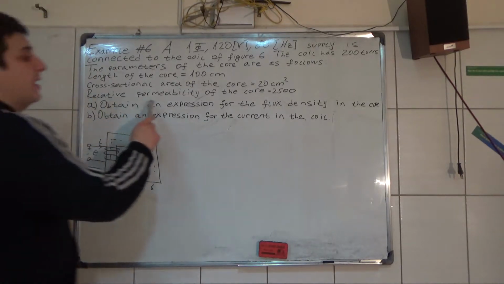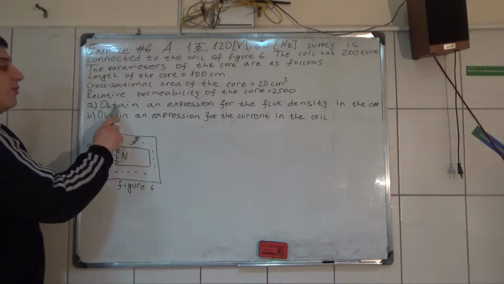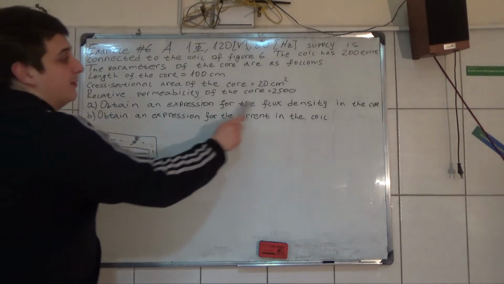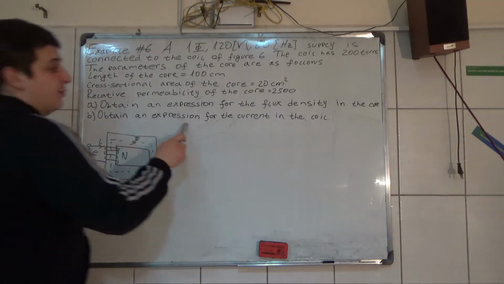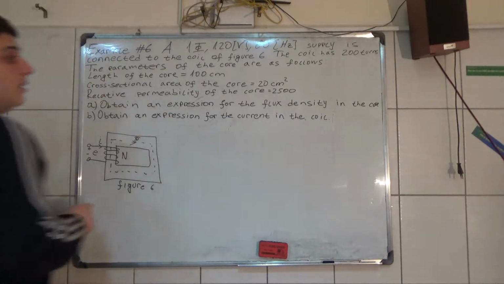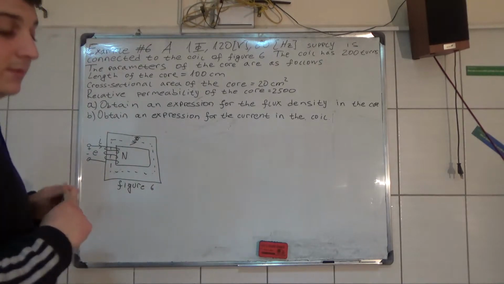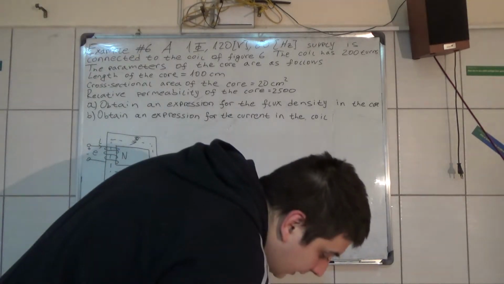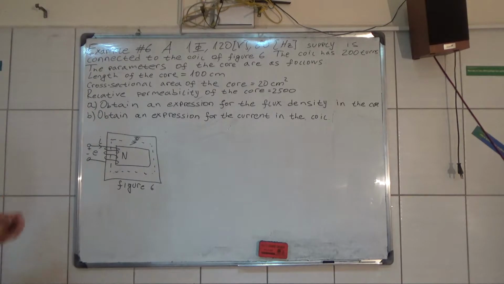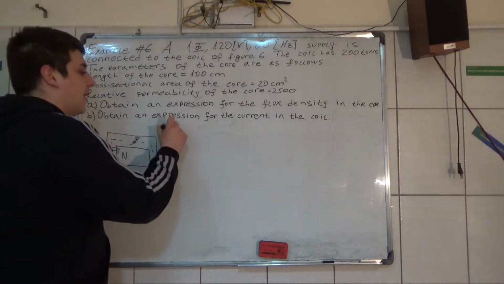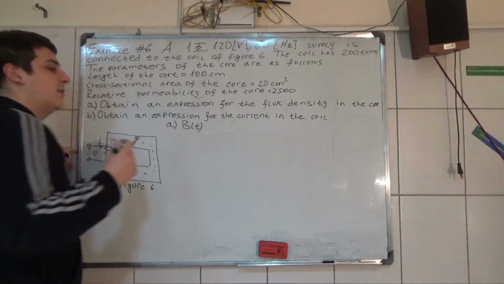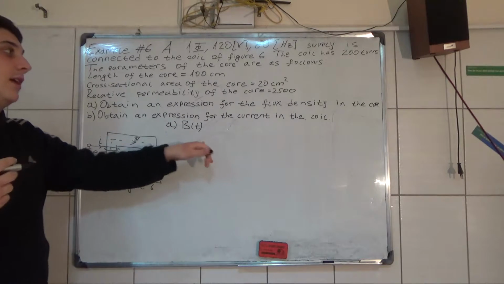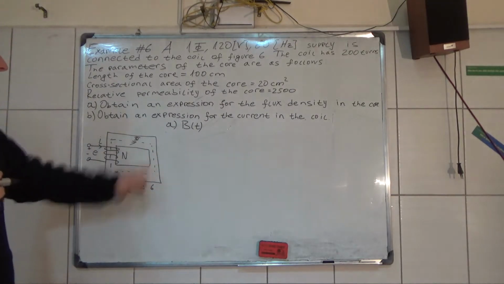We have to obtain, for A, an expression for the flux density in the core, and for B, obtain an expression for the current in the coil. Okay, so now for A, we have to find the expression for the flux density in this core.